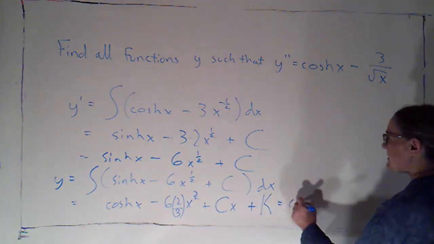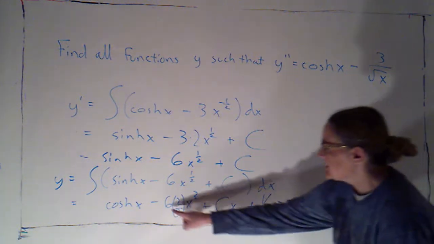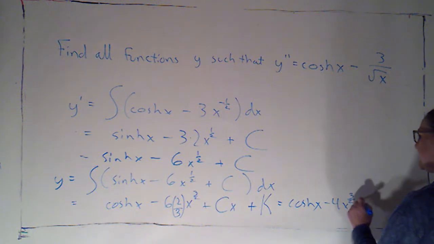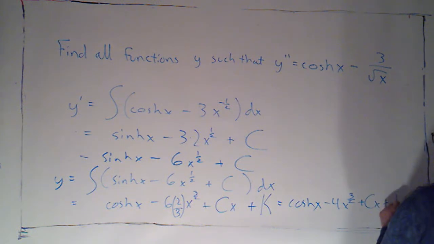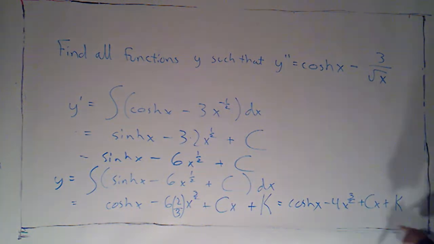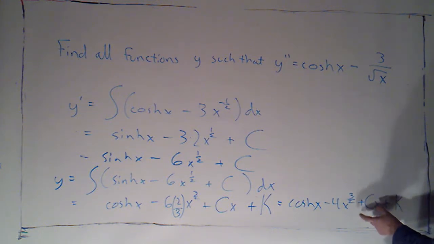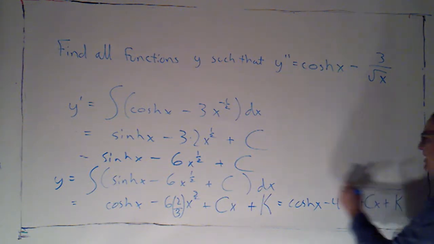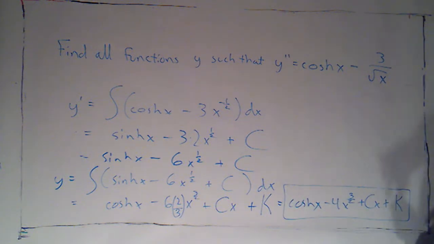Okay, so this gives me cosh x, and I can simplify this coefficient. That's going to become minus 4x to the 3/2 plus cx plus k. So notice that c ends up being not just a constant term, but the coefficient in front of x in my final answer for these functions.